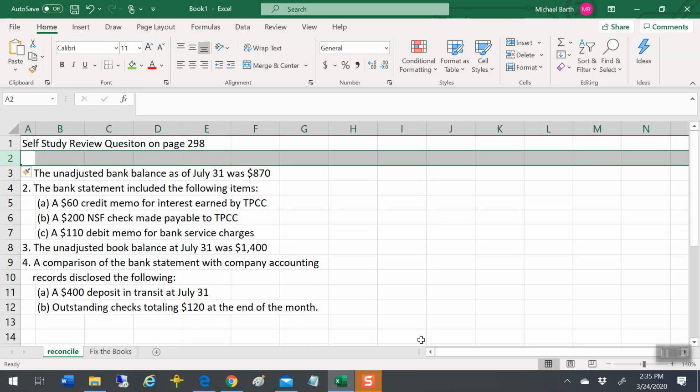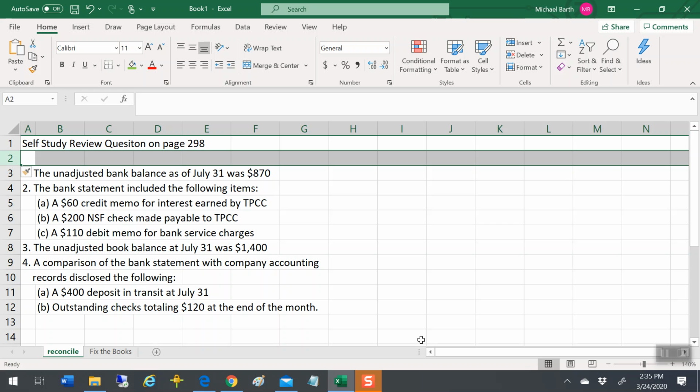All right, anyway, what we want to do is a bank reconciliation, and there's a couple of steps in that. One is we want to figure out what the bank balance should be. The company is Terry's Pest Control Company. My dad owned a pest control company back in the day, but that's immaterial. So TPCC is trying to do a bank reconciliation, and there's two stages.